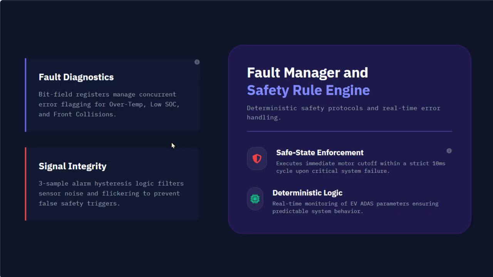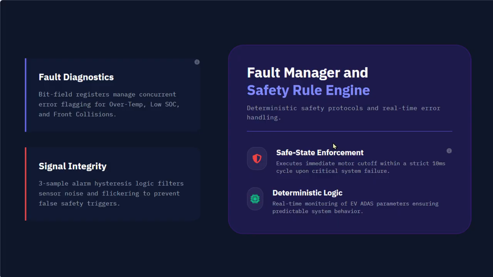Fault diagnostic. To manage multiple errors at once, we use bit field fault registers. This signal varies according to the tracked concept and validates specific bit masks: 0x01 for the motor over temperature, 0x02 for critical SOC, and 0x04 for imminent front collision.